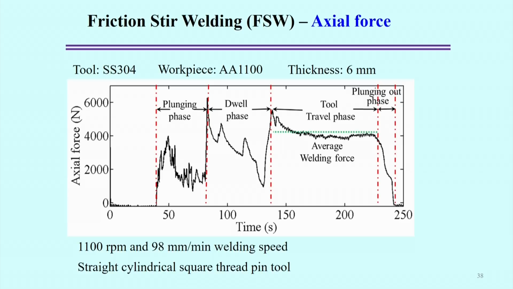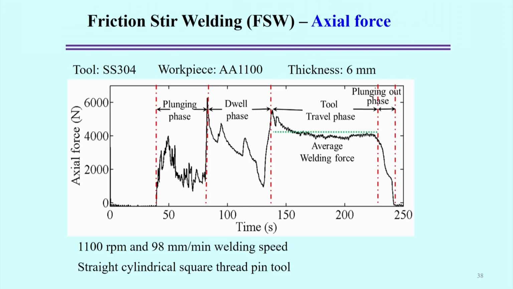Here, if you look at the plunging phase, it means gradually inserting the tool into the workpiece material without any transverse movement of the tool. When you insert the tool, there is a gradual increment of the force, because more and more the rotating tool pin is interacting with the workpiece.